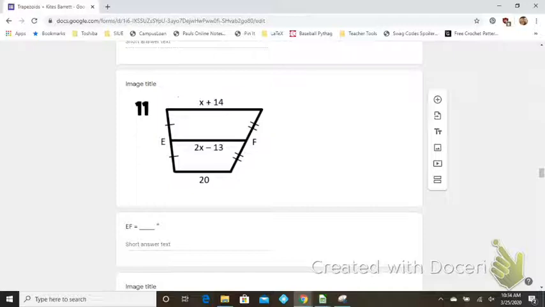Remember that in order to find the length of a mid segment, it's going to be 1/2 of the top base plus the bottom base, or sometimes they could be on the sides if they were to have oriented this trapezoid differently. So let's just plug in the expressions that we know.